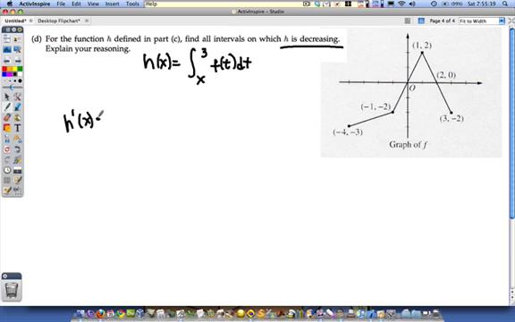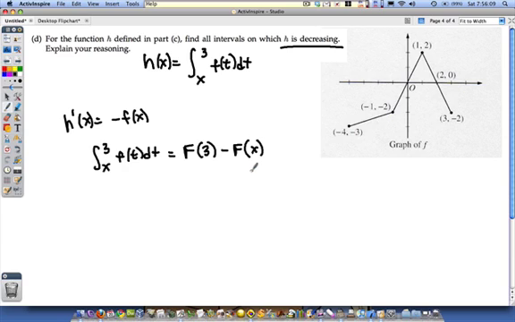h prime of x is equal to negative f of x. Okay, now how did I get that negative? Now, let me go through the analysis that we did in class a couple days ago. The integral from x to 3 of f of t dt is equal to some function whose derivative is f, evaluated at 3 minus that same function evaluated at x.